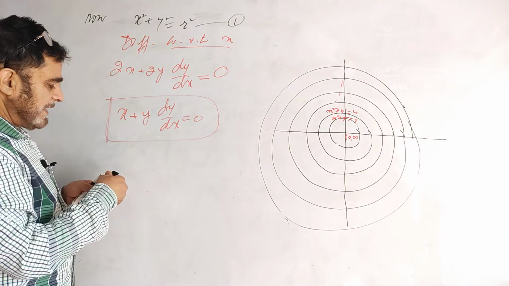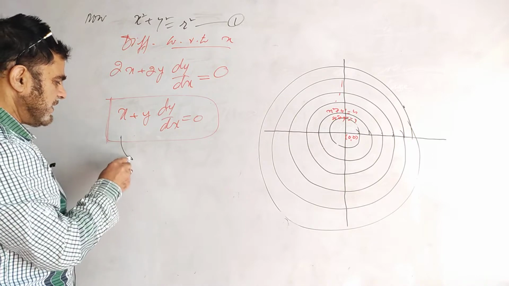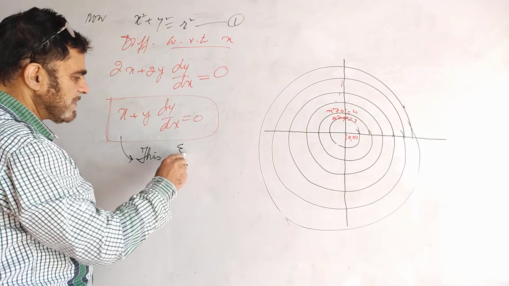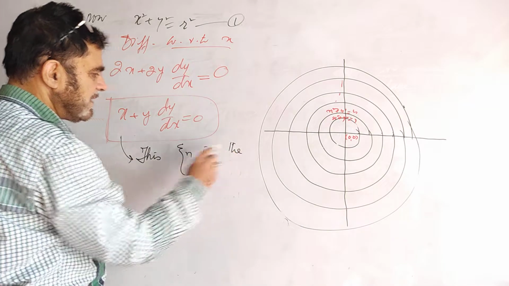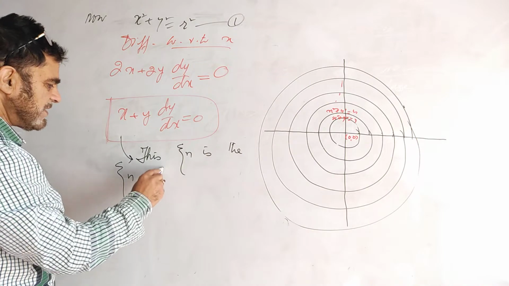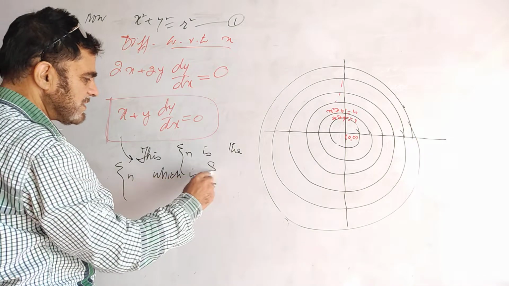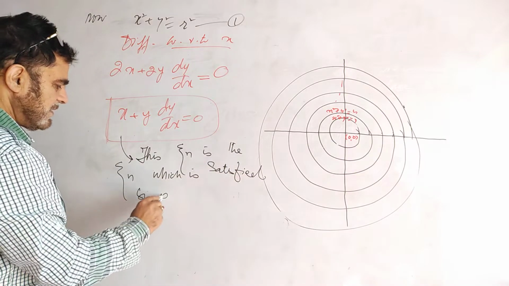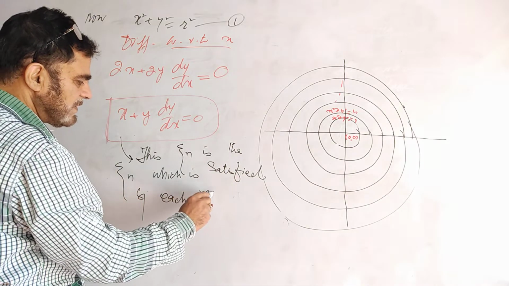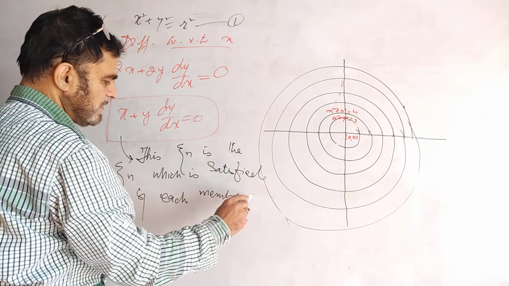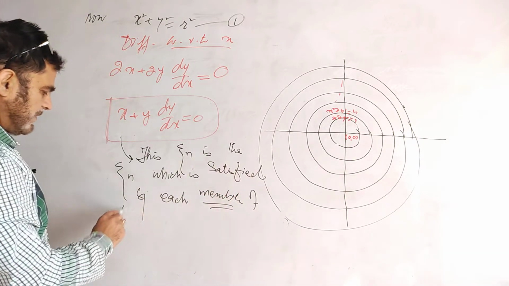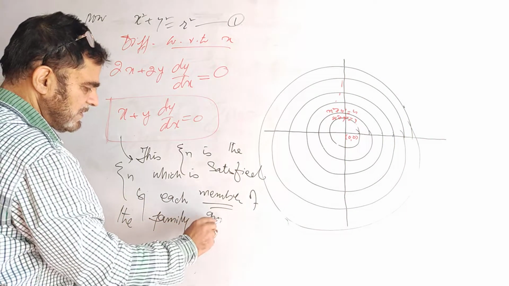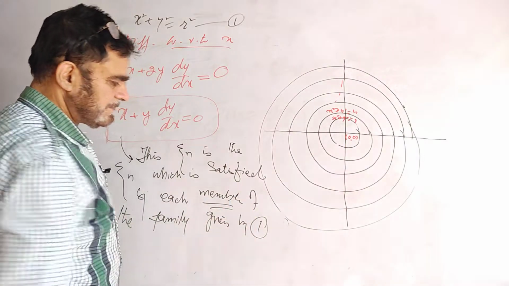So what does this represent? This equation is the equation which is satisfied by each member of the family given by first.